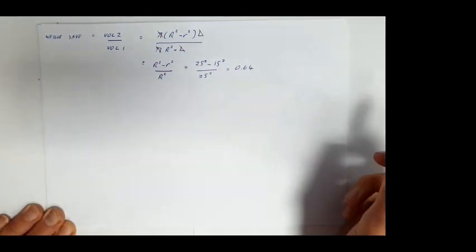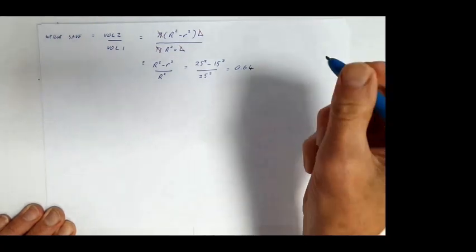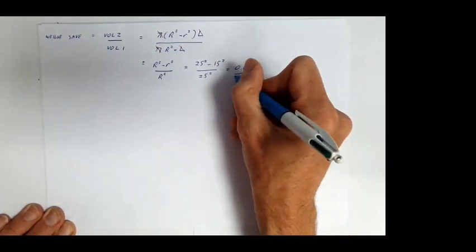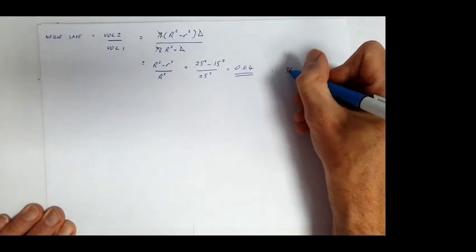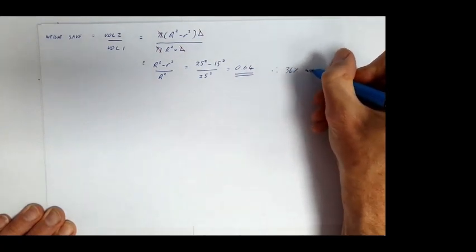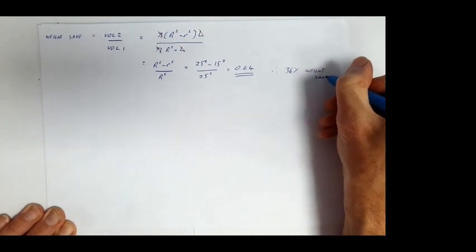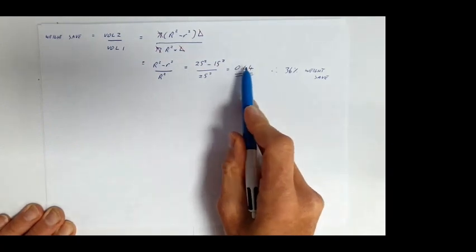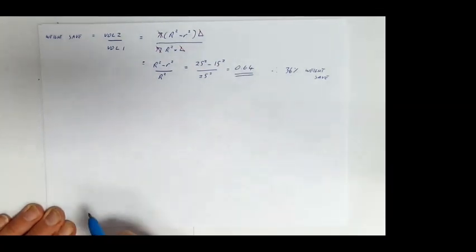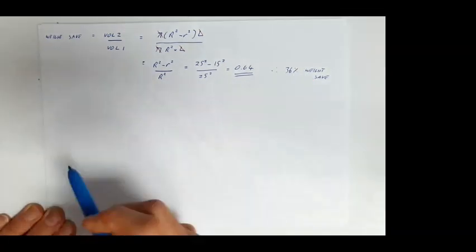So it's 64% of the weight. Therefore, a 36% weight save. 100% minus that 64% gives us our 36%. So we'll see a 36% weight save.